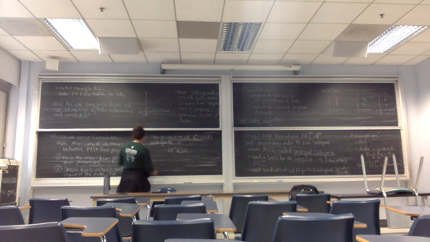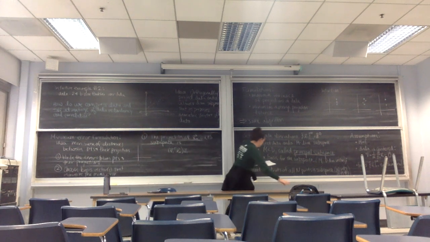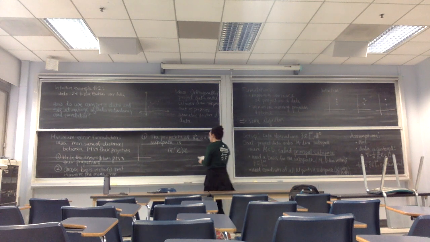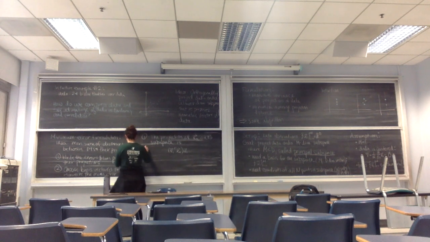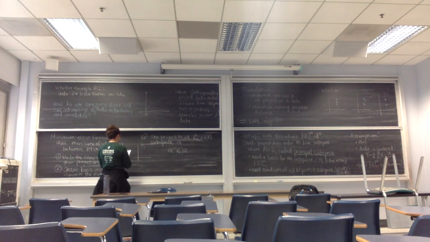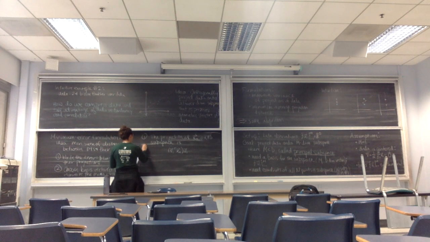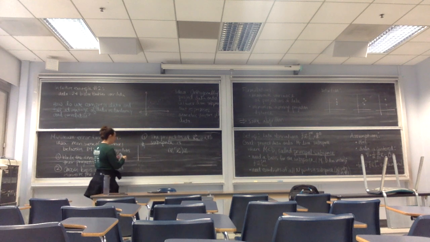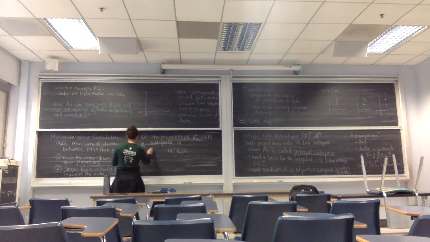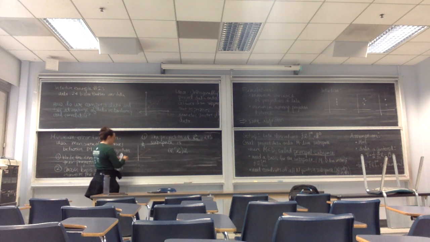Okay, so the picture might be helpful here. We got our data point, and say this is xn. We've got this line. This line is the subspace which is spanned by the vector v1.